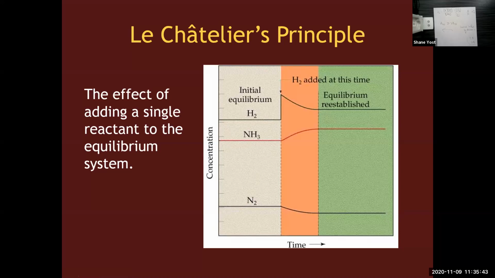Anyways, so in that chemical reaction, N2 and H2 are reactants, NH3 is the product. I added some amount of a reactant after this had established equilibrium. We knew it was at equilibrium because the concentrations are unchanging with time, okay? What that's done is increased the chemical potential of the reactants.